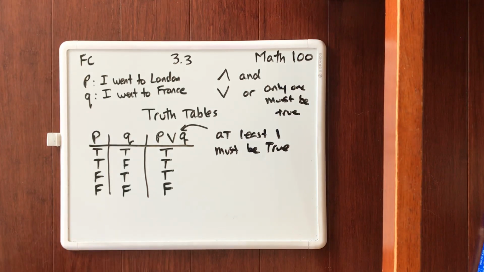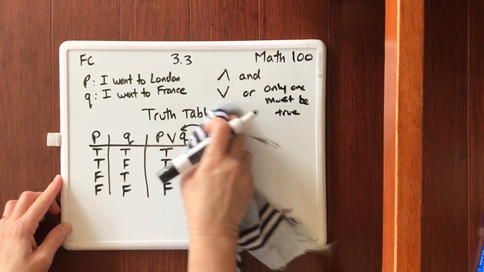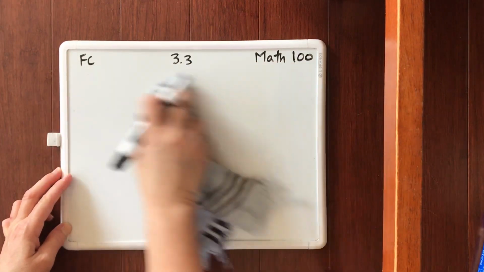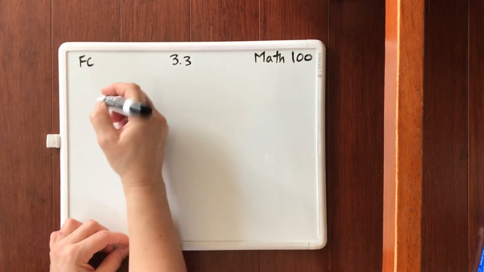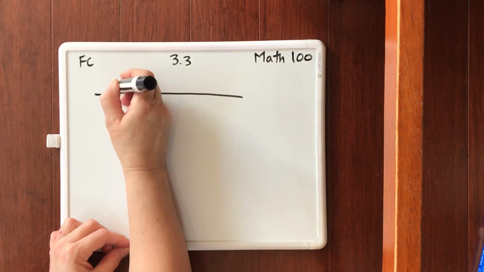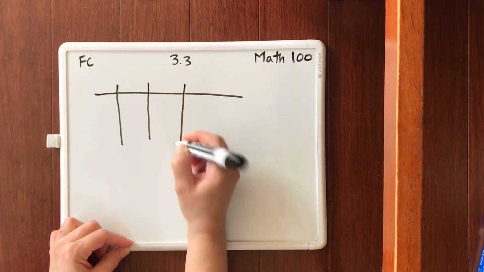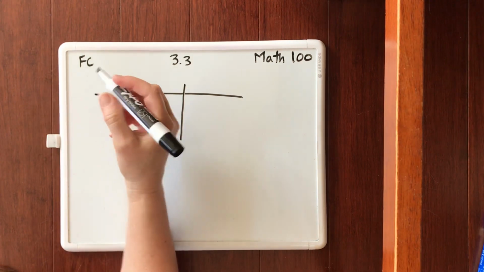Okay, so now let's do another truth table. Sometimes truth tables can be pretty big. This one's not so big, but they can get big.